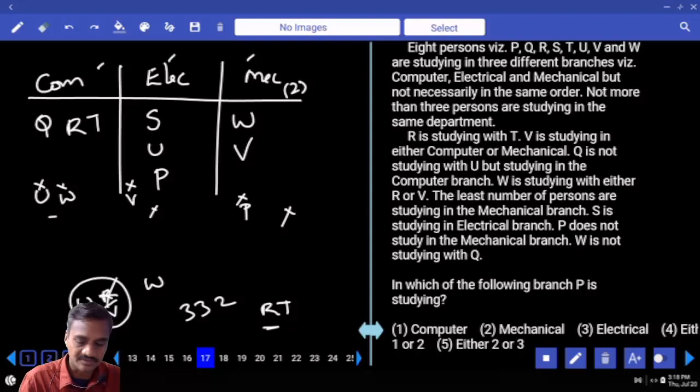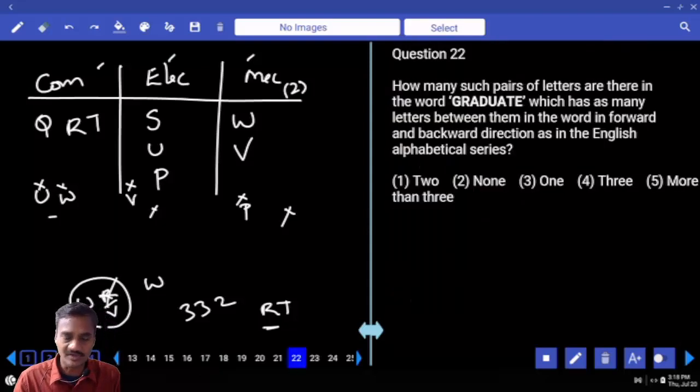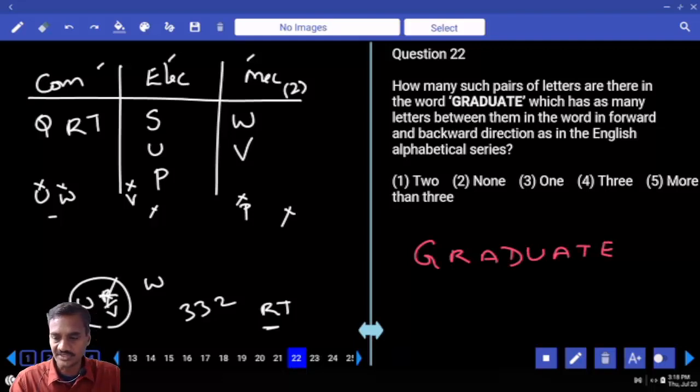Then the 22nd. Now in this 22nd, how many such pairs of letters? The question is about how many such pairs of letters are there in the word graduate. Now GRADUATE, tell me how many pairs are there? Yes, tell me what is your answer. G, HIJKLMN, RSTU.